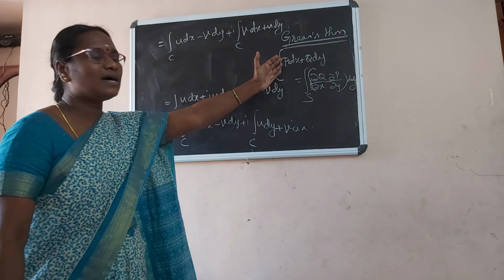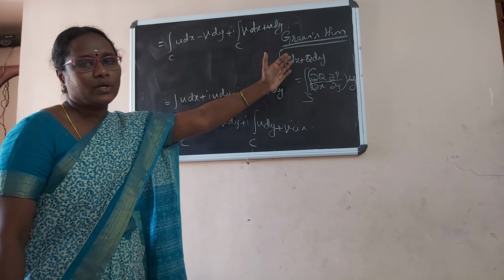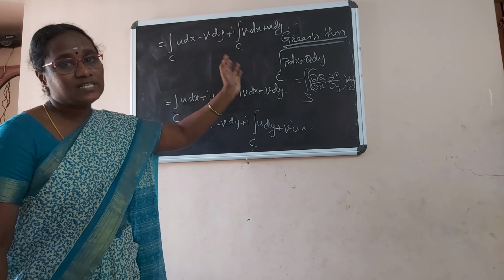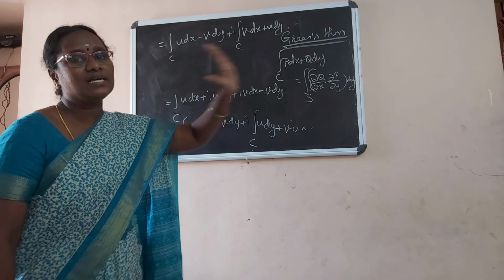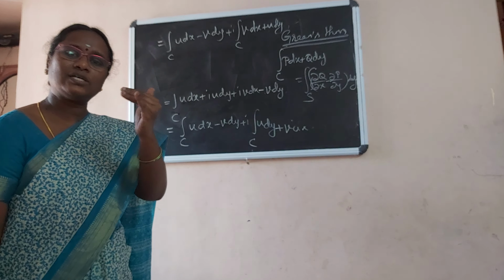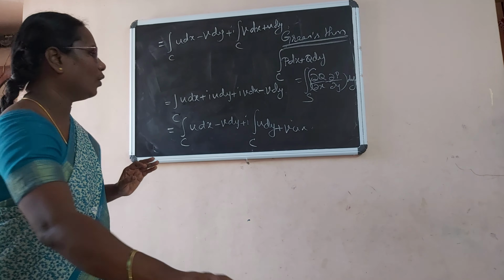This is Green's theorem. Now we use Green's theorem as well as the CR equations, and we get the result of Cauchy's theorem.